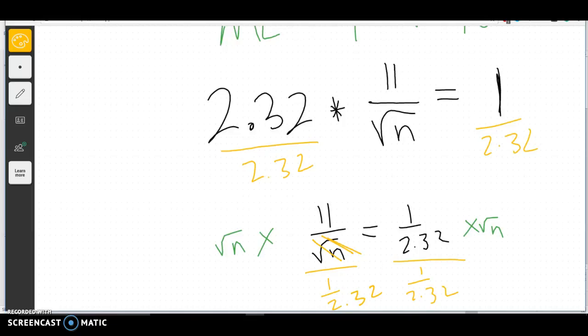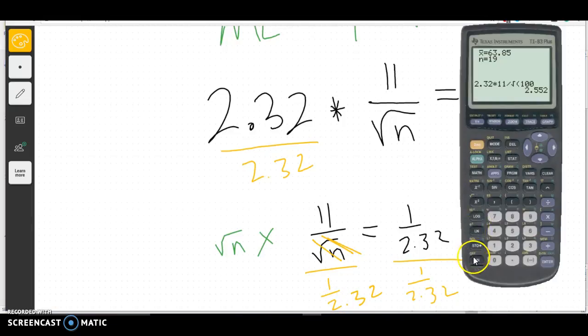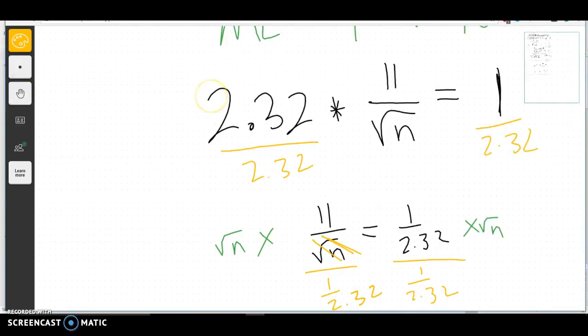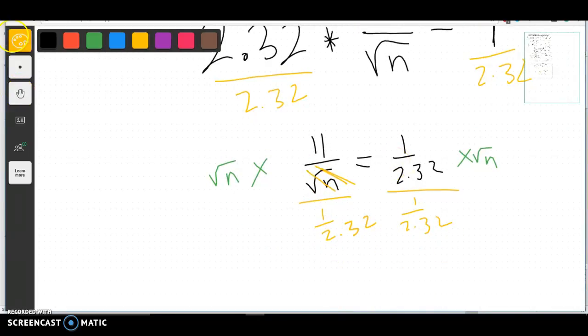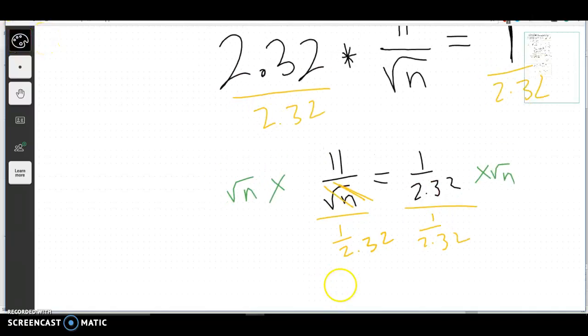So we're going to have 11 divided by 1 over 2.32, which, let's kind of do that. So 25. And that's the square root of n.